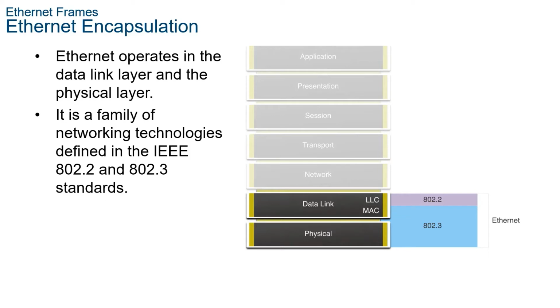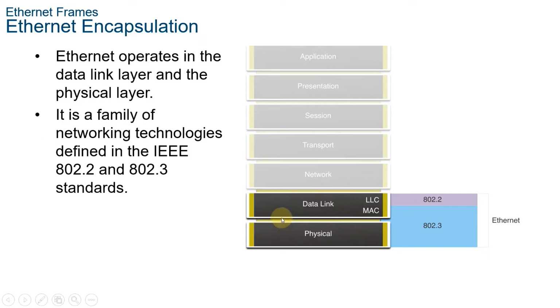Ethernet supports data bandwidths of the following: 10 Mbps, also known as Ethernet; 100 Mbps, or Fast Ethernet; 1000 Mbps, or Gigabit Ethernet; 10,000 Mbps, or 10G; 40,000 Mbps, or 40G; and 100,000 Mbps, also known as 100G or 100 Gbps.